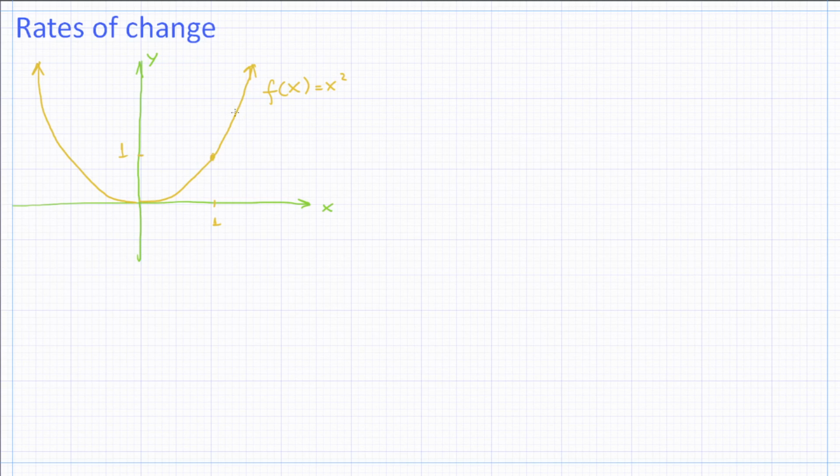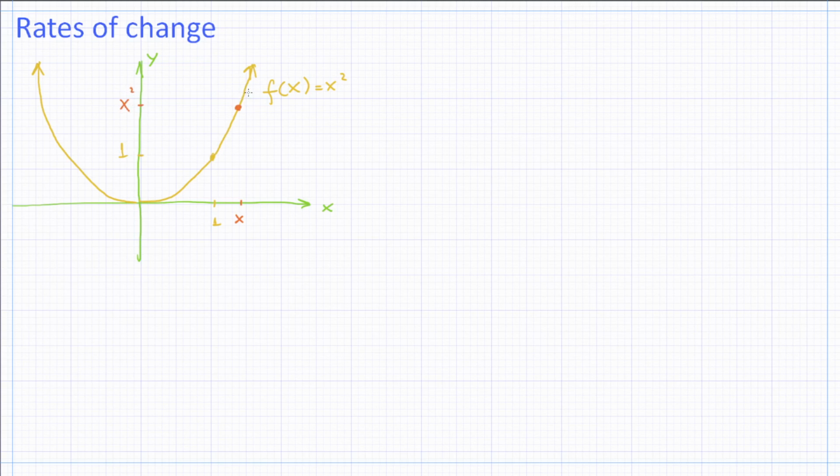Well, first, let's get a chord. So, if I pick another point here, what would be its coordinates? Okay, so let's say this is point x. Well, if my function is f of x equals x squared, whatever this x is, this will be x squared.